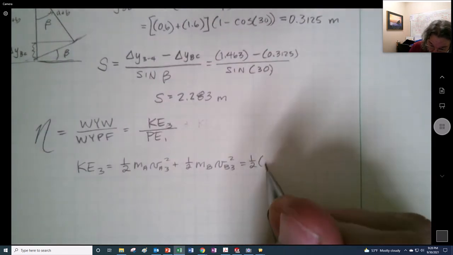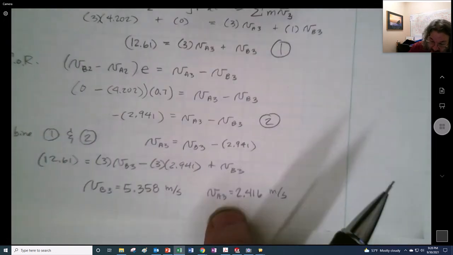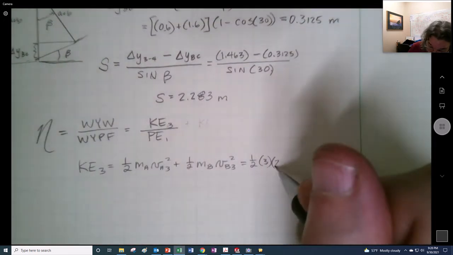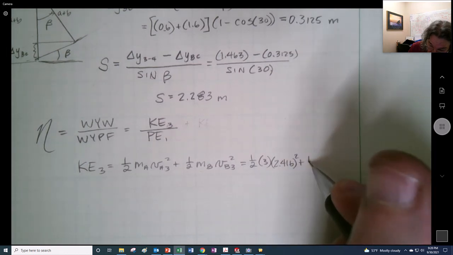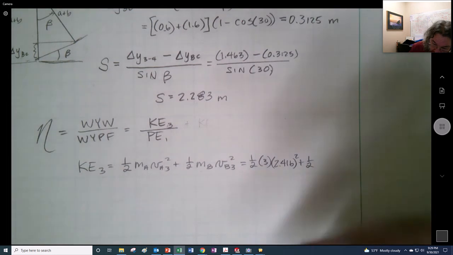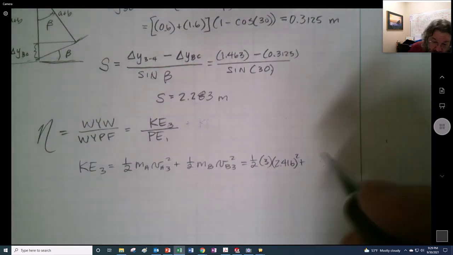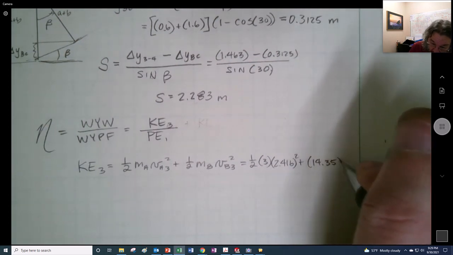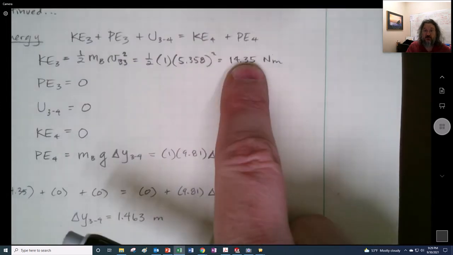So we have 1/2 times 3, and remember we found a 3 here of 2.416. We don't need to write this whole thing out. We know that it is 14.35, because that's what we had up here. That's just the kinetic energy of B.